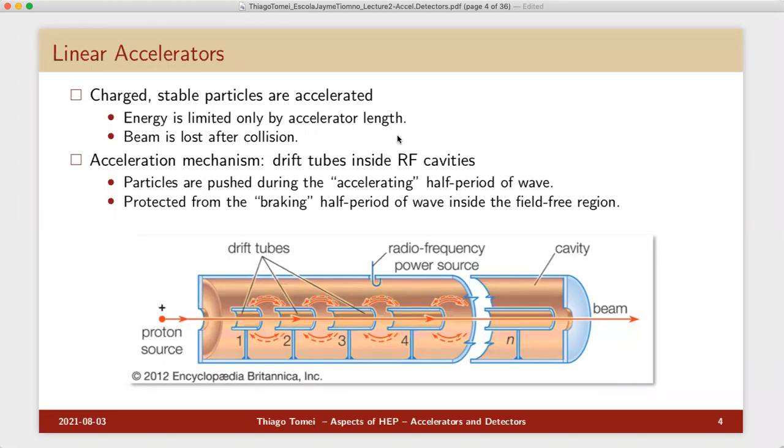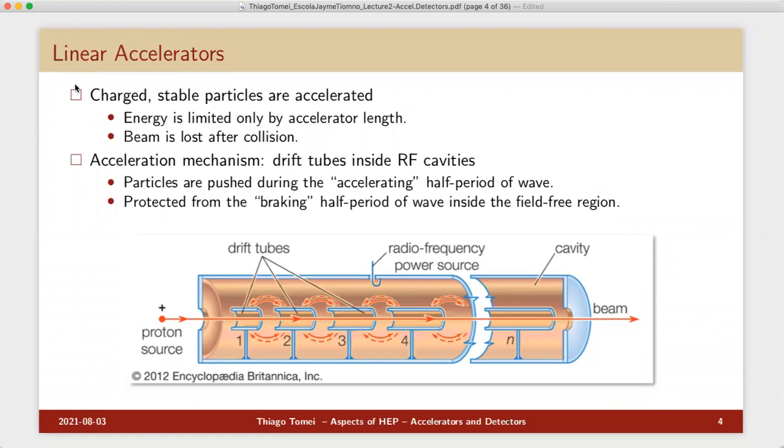And that's not enough. High energy physics has gone through mega electron volts, MeV, to GeV, to TeV now in the LHC. So you have to have some other kind of mechanism.